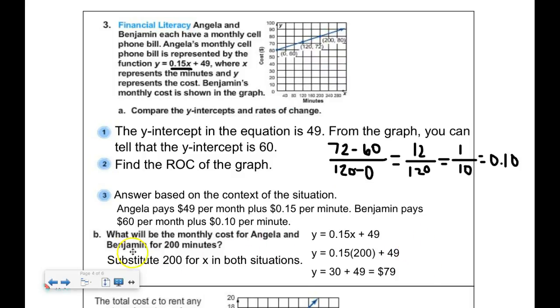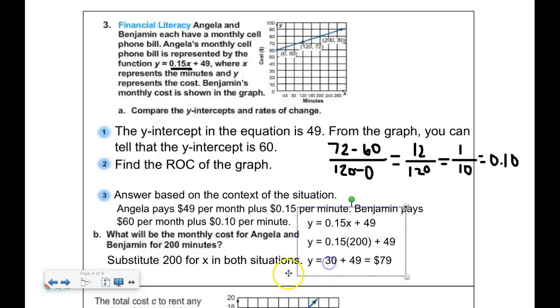What will be the monthly cost for Angela and Benjamin for 200 minutes? Well, Angela is going to pay $79, and Benjamin is going to pay $80. So pretty close.